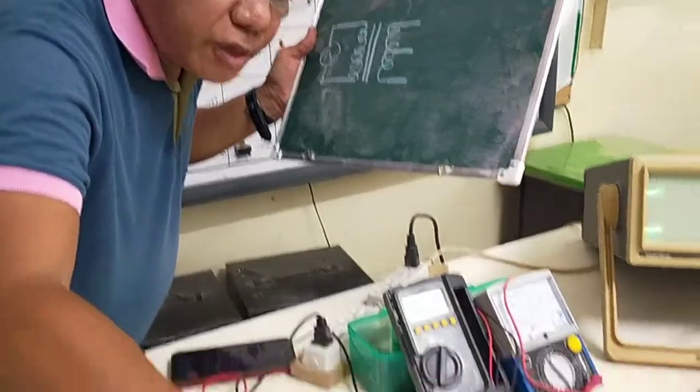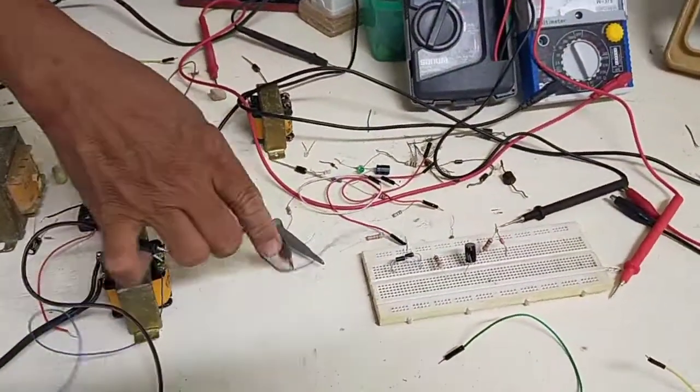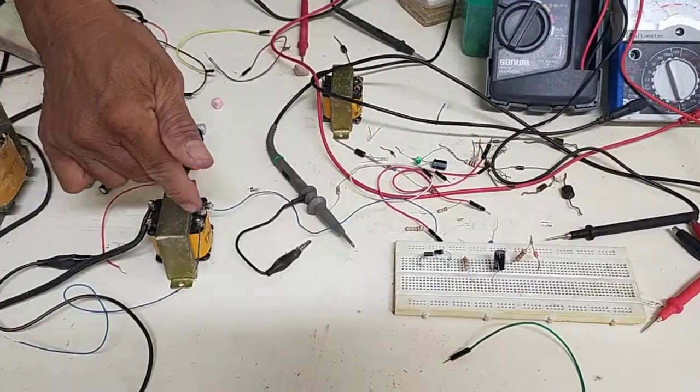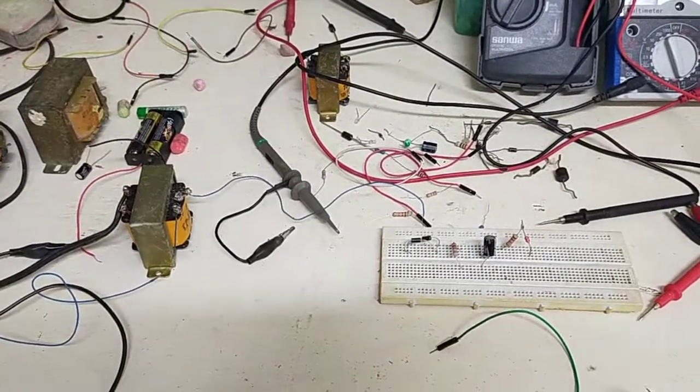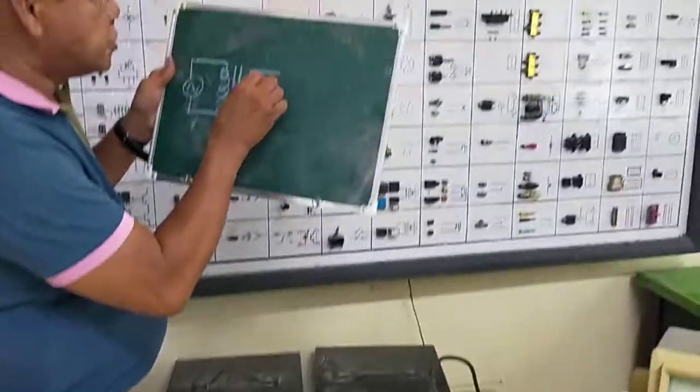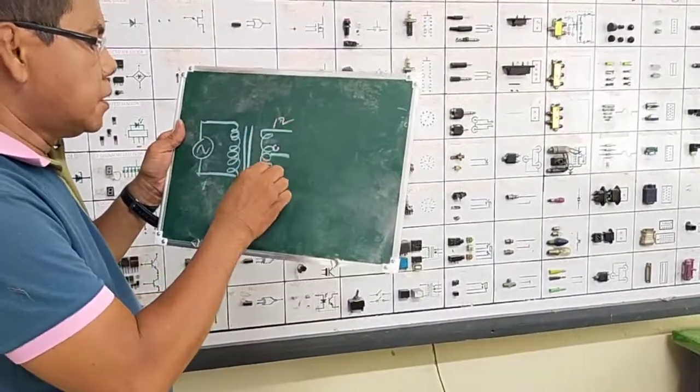The three terminals of the secondary winding are now used: 12, 0, 12. No? We have here 12, 0, 12.